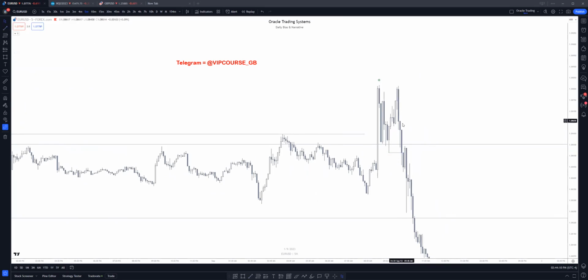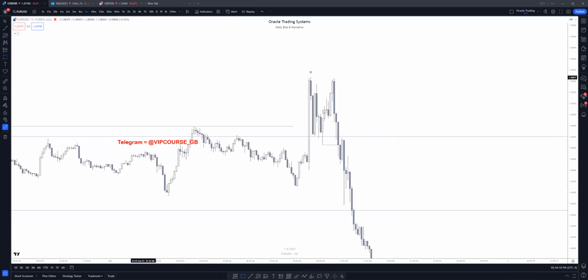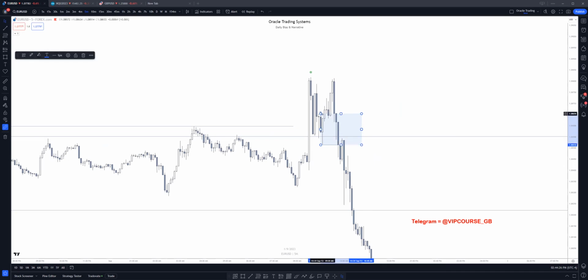Pushes down, displaces heavy, takes out this low, leaves an FEG behind. FEG is stacked with the previous low. You can look at the entire low, of course, or just this candle. Price comes, retests the old low, retests the FEG, breaks down further.